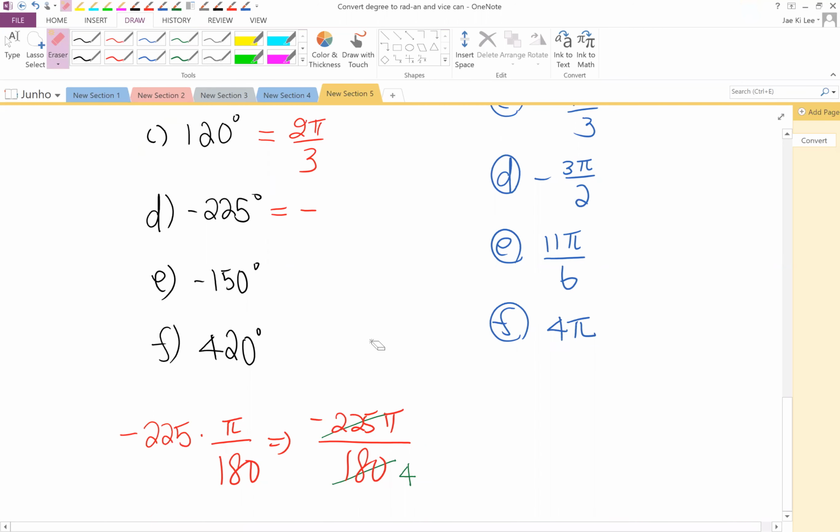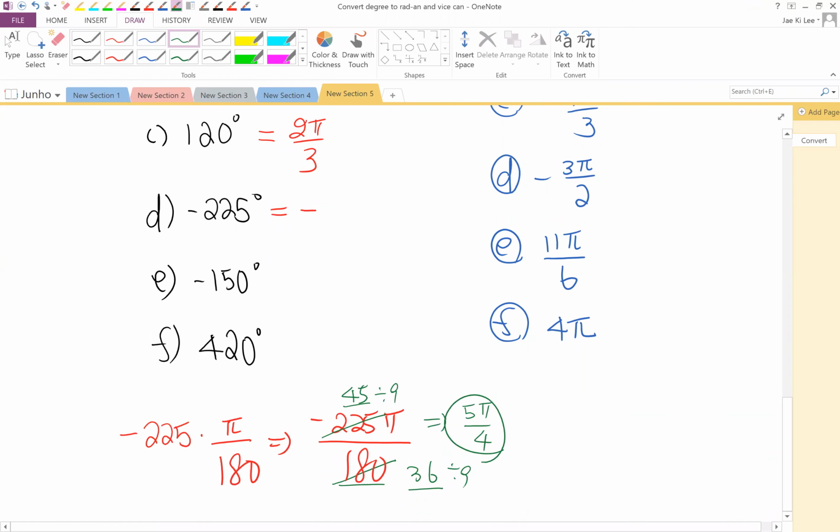Now 45 and 36, divide by 9. Then it is 5 pi over 4, right?